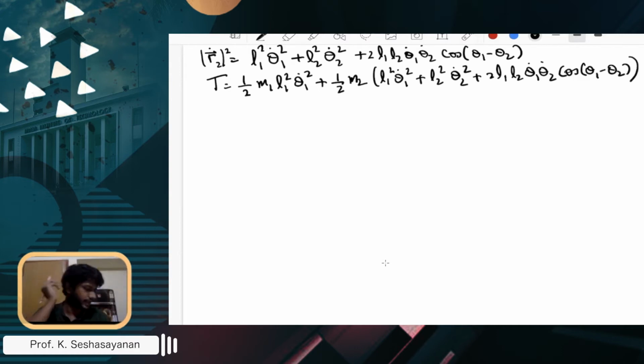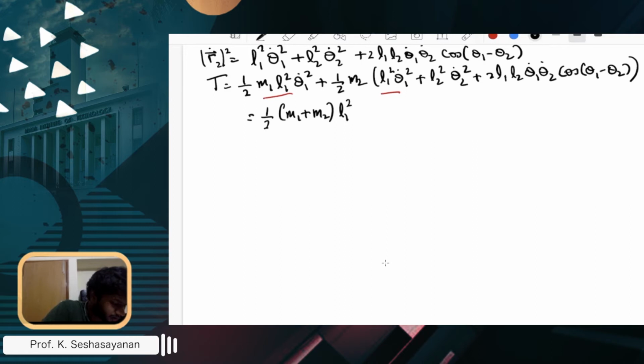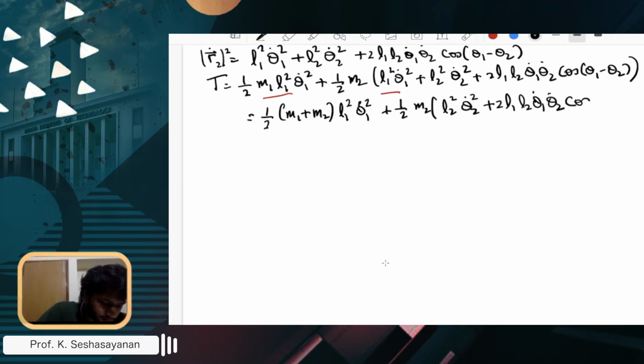Okay, so we can see that these two terms we can combine and we get half of m1 plus m2 L1 square theta 1 dot square plus half m2 L2 square theta 2 dot square plus m2 L1 L2 theta 1 dot theta 2 dot cos of theta 1 minus theta 2. So this is the kinetic energy, and next is the potential energy.